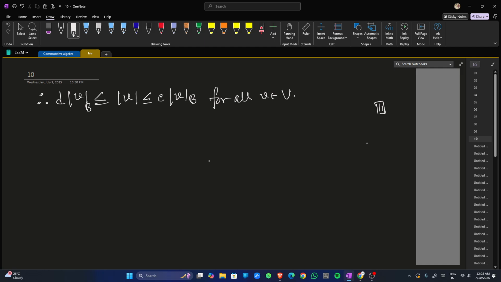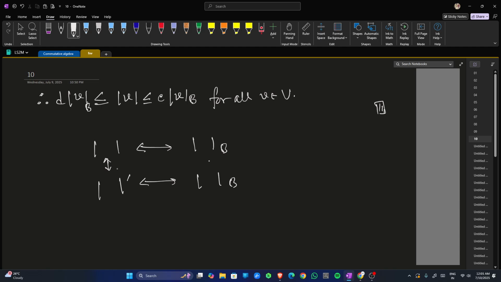Can you repeat what you said in the last line? I am saying what we have proved. This is an arbitrary norm, and for some basis B this is a particular norm, and we have shown that these two norms are equivalent. This is another norm, so these two norms are also equivalent. It is a transitive relation.